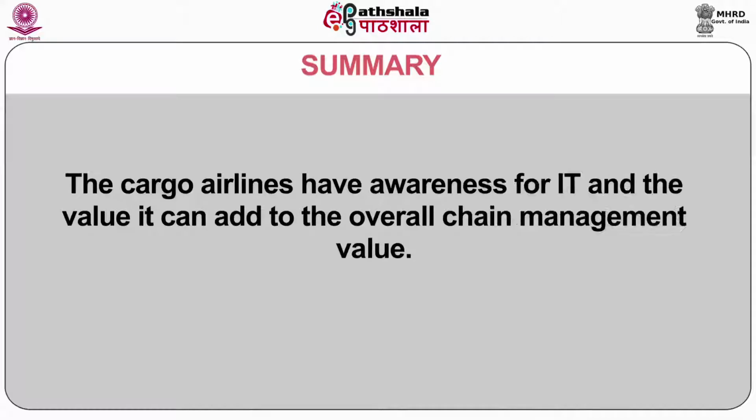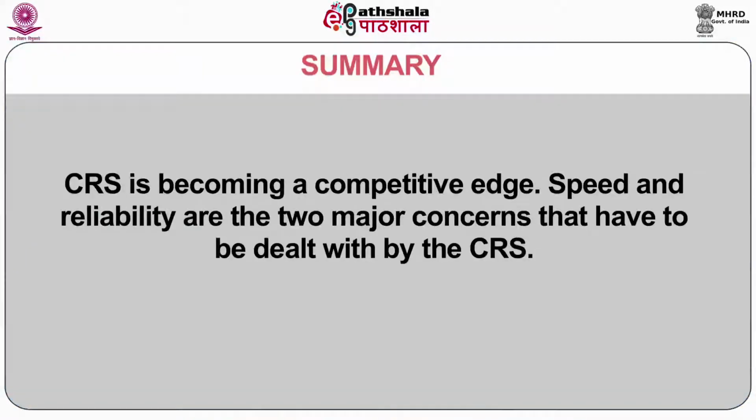Cargo airlines are aware of information technology and the value it can add to the overall supply chain management. Even low-cost carriers have taken the CRS route for cargo operations, as depending only on websites makes them laggards. Computerized reservation systems are becoming a competitive edge.